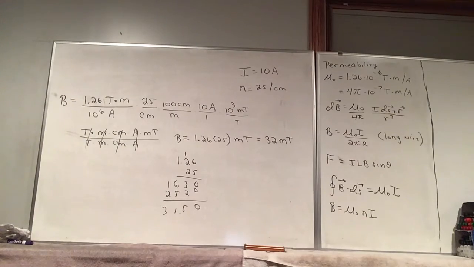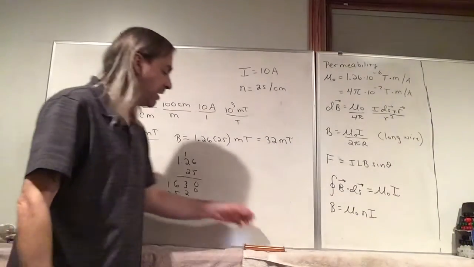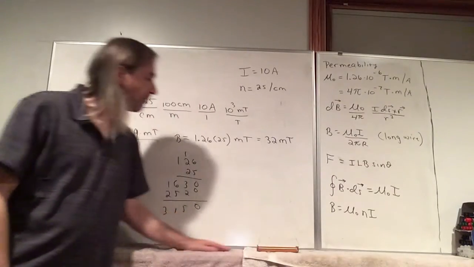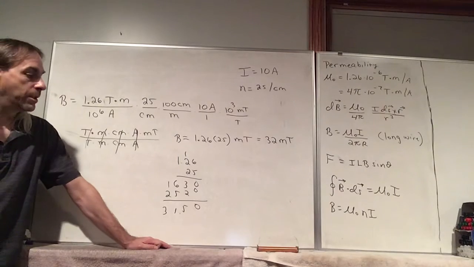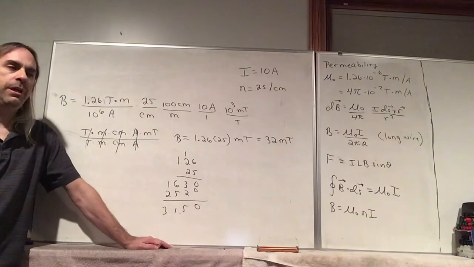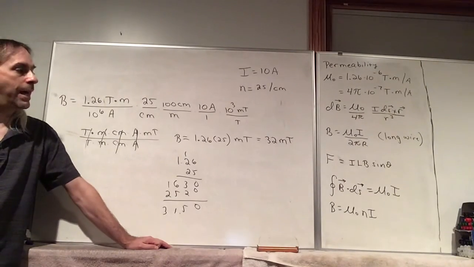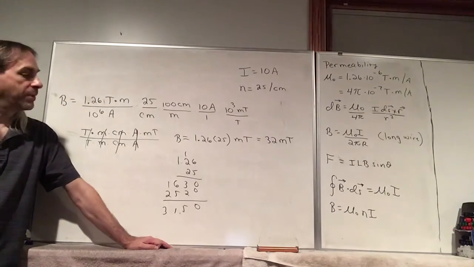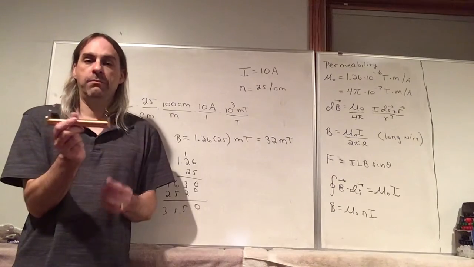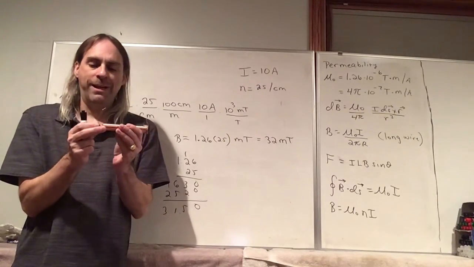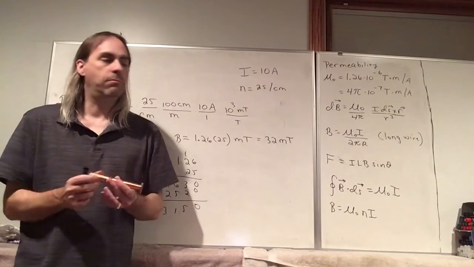And not too bad. We need to run 10 amps through it. It's fairly significant current, but still, we're talking milliteslas here. Now, we could actually increase that value by putting metal inside of this, and we'll talk about magnetic fields in matter.